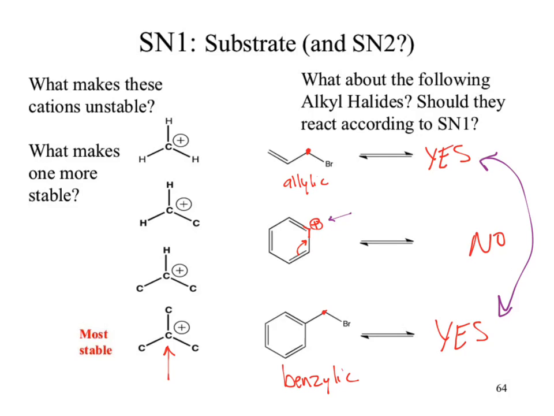Can I take electrons and share them with that blue? Because perpendicular orbitals. It's not even out of phase. They're perpendicular to each other. I cannot do resonance because the orbitals do not overlap. Zero overlap means zero resonance.